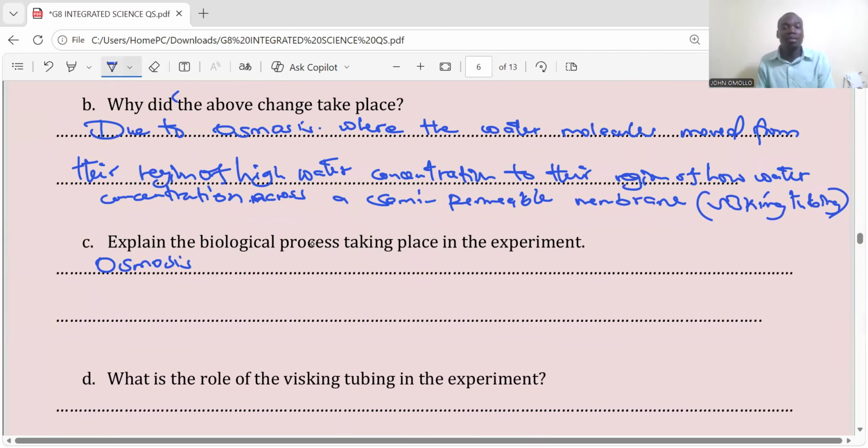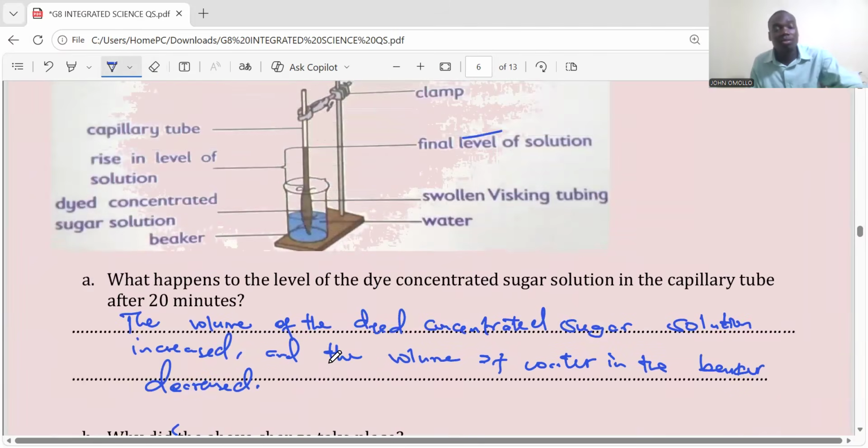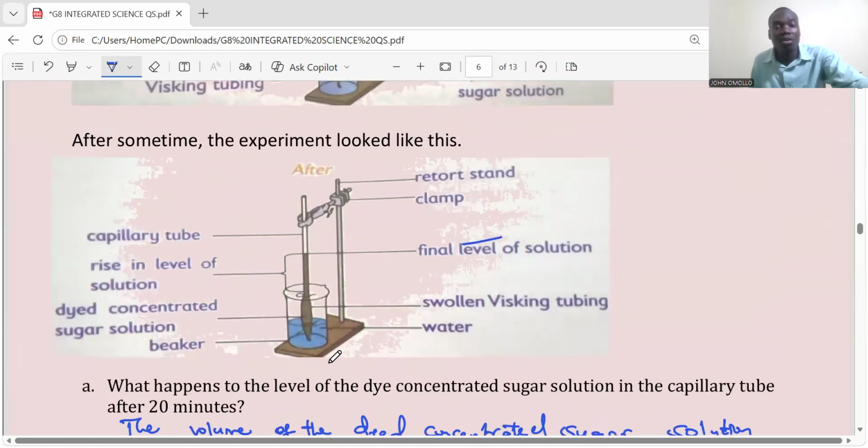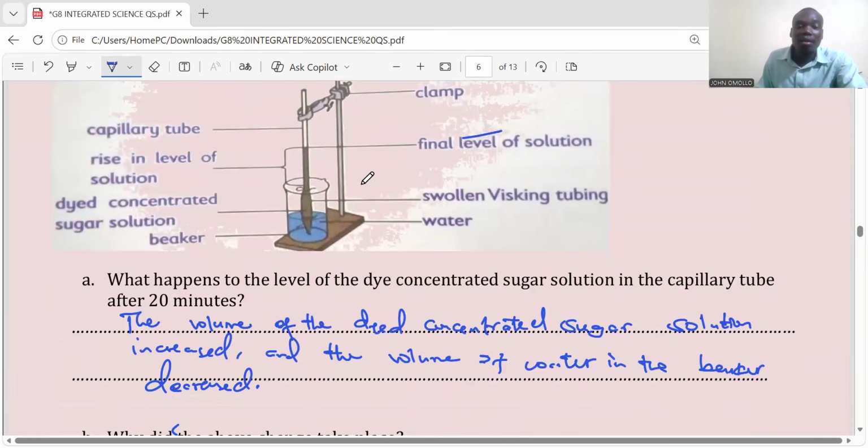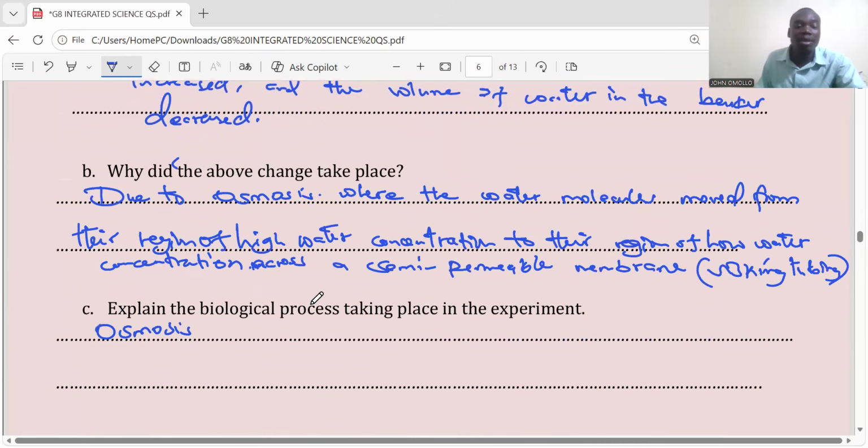The change took place because in the first experiment, the capillary tube concentration of the sugar was high and the volume was low. You look at the second one, the concentration was low, the volume was high. So those all happen due to osmosis.